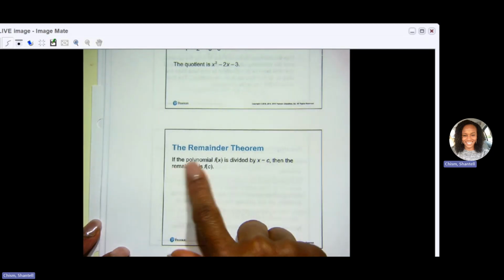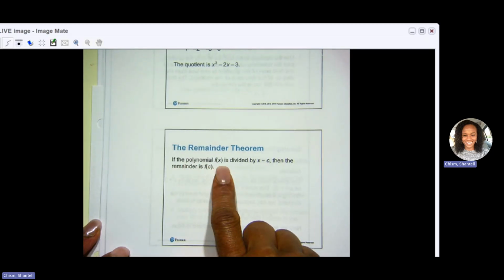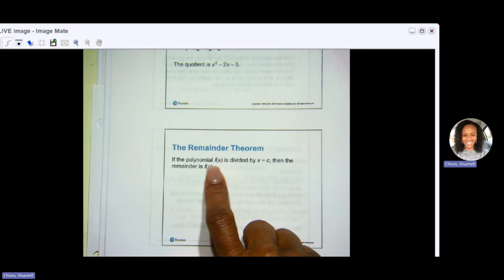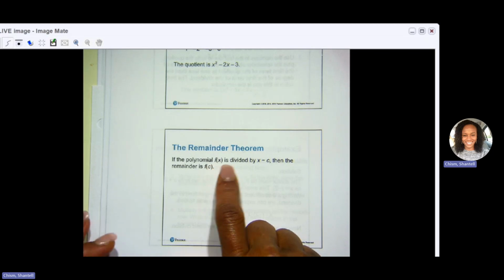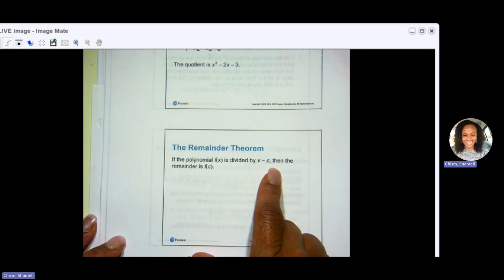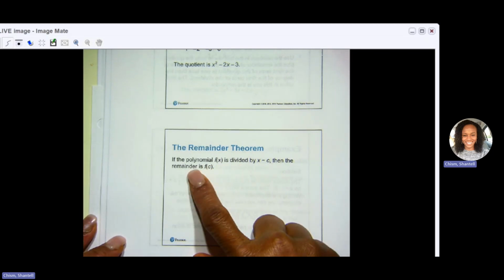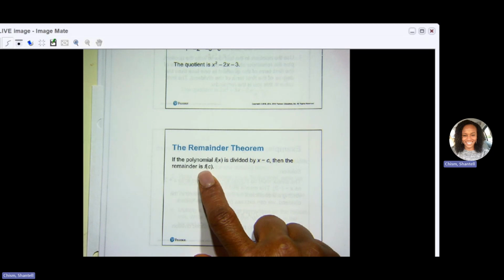It says if the polynomial f of x, which is your dividend, of course, your polynomial dividend, is divided by x minus c, then the remainder, the value of the remainder, is the same as just the function evaluated at c.